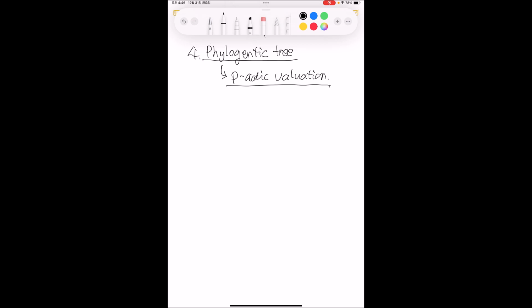It is one way to compute the distance between species. Of course, the shape of the phylogenetic tree is deeply related to tropical geometry. I will deal with that in the later part.